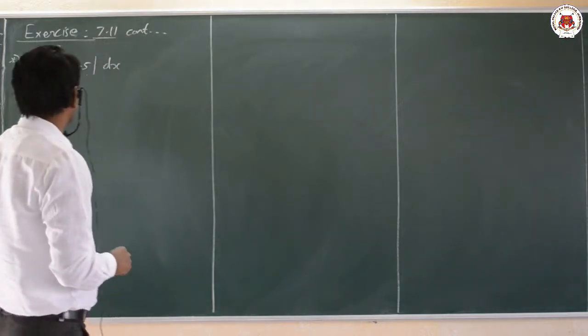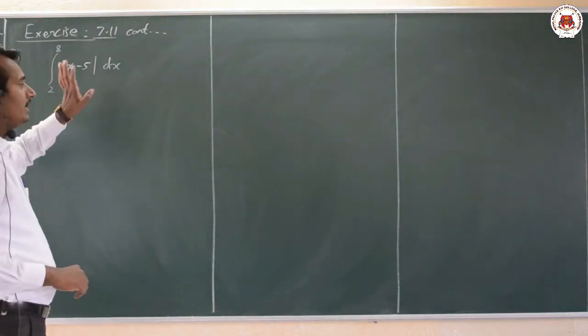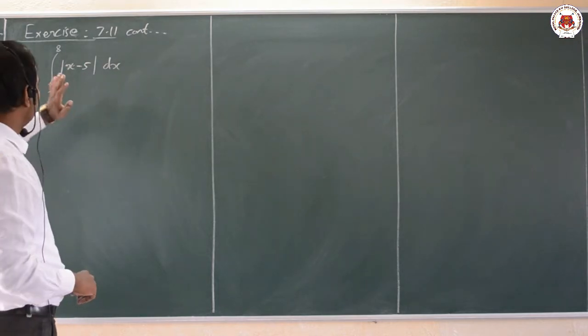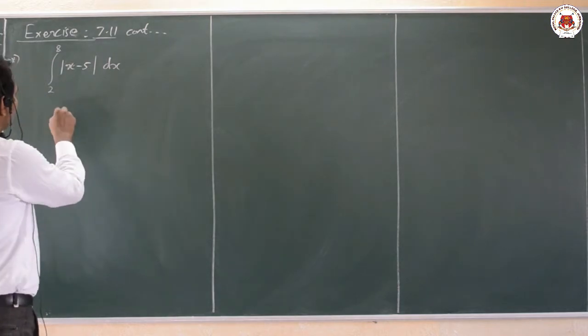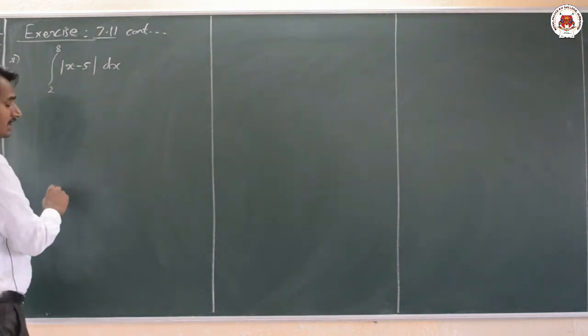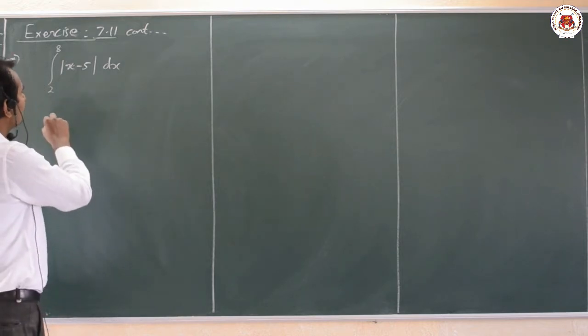Now here the given problem is the integral from 2 to 8 of mod of x minus 5 dx. How we have to solve it, that we shall observe. Before going to that, we have to make use of a particular property, that is integral from a to b splits into a to c and c to b.